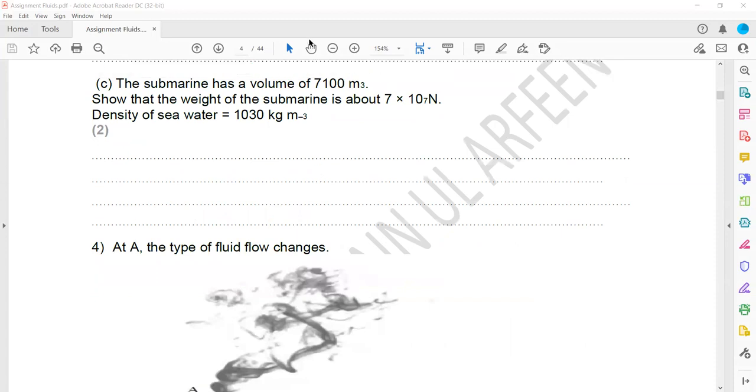In part C, the submarine volume is 7,100 meter cube. Show that the weight of the submarine is about 7 times 10 to the power 7. We know it is at a constant depth, so weight is equal to upthrust. And what is upthrust? Upthrust is equal to the density of the fluid times volume of object times gravity. The density of the fluid is 1030, the volume of the object is 7100, and gravity is 9.81.